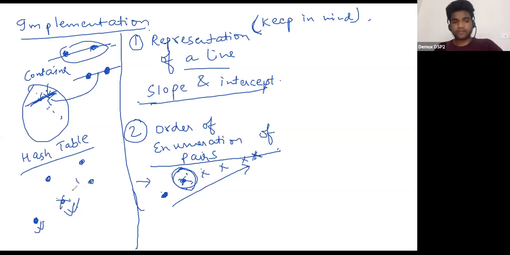Then I change my first point again to, let's say, this, fix it, and enumerate for others. Do you understand this order of enumeration? This is the common way we enumerate pairs, right? So my question to you is, if I enumerate all the pairs in this particular fashion, do I need to store both the slope and the intercept? Why?